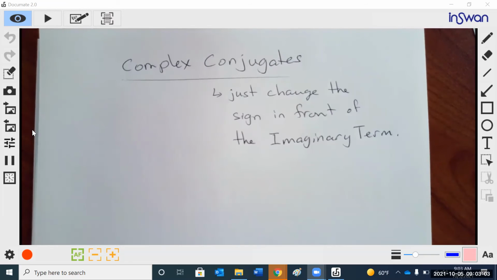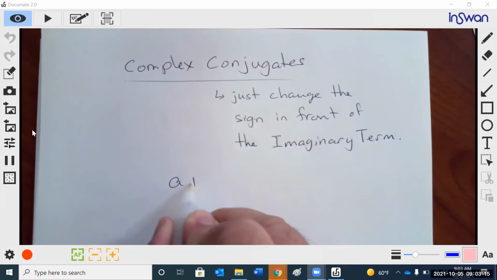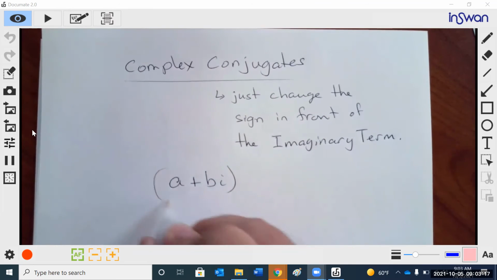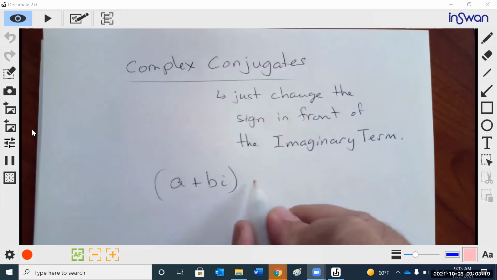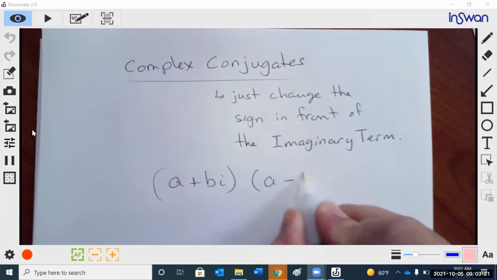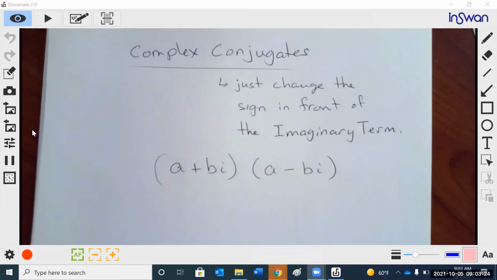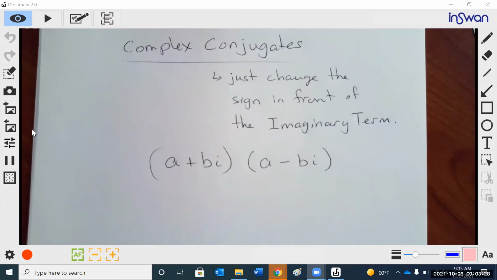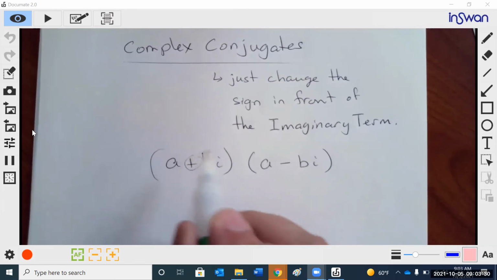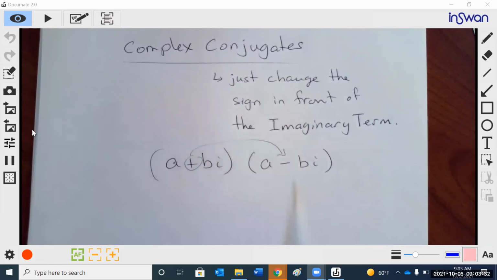The complex conjugate is simply the sign in front of the imaginary term has been changed. So if you had a plus bi, the complex conjugate is a minus bi. So all I did was change that sign.